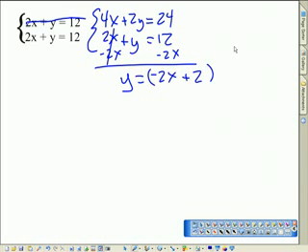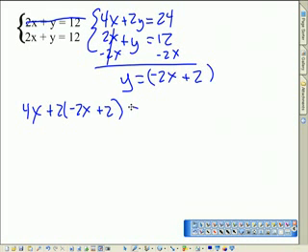When I do that, I get 4x plus 2 times negative 2x plus 12 equals 24. Distribute. What's that? Oh, it's 12. Thank you.